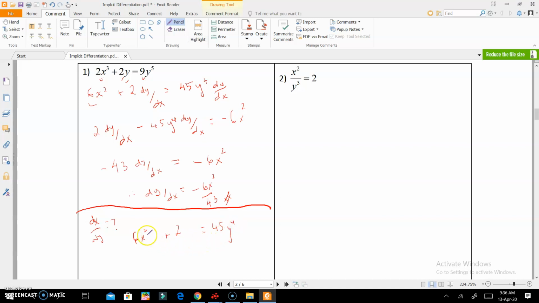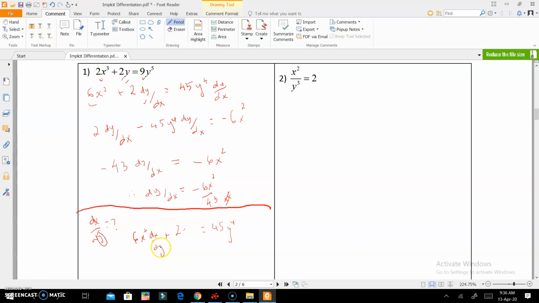But the difference here is, because you differentiate everything with respect to y, for the x term you are going to put something next to it, which is dx over dy. But here, it still remains as 2. You don't need to put anything. If you compare with the upper part, you have the dy dx, but here, nothing.